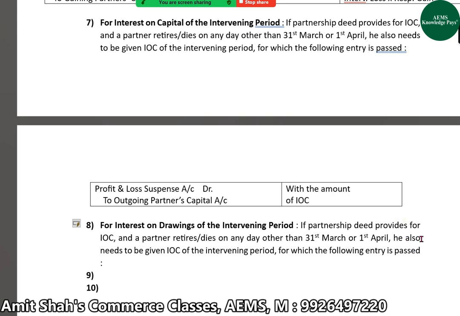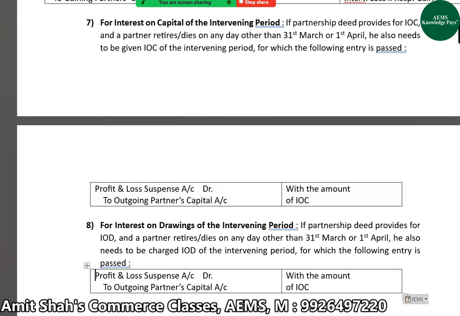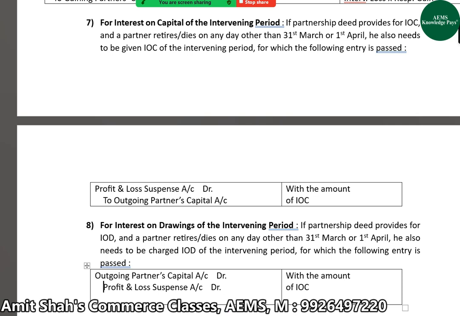So if the partnership deed provides for IOD, interest on drawings, and a partner retires or dies on any day other than 31st March or 1st April, he also needs to be charged IOD for the intervening period, for which the entry that we pass is outgoing partner's capital account debit to P&L suspense account with the amount of IOD.